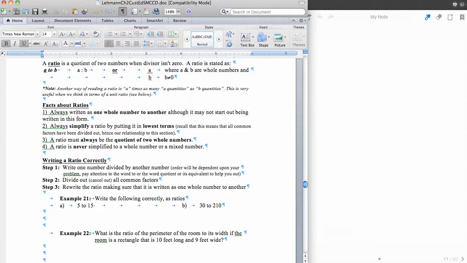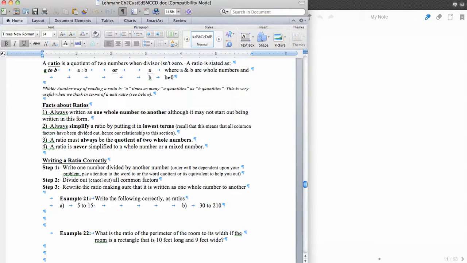Ratios, number one, are always written as a whole number to another number, although it may not start out in that form. We always need to simplify a ratio and put it in its lowest terms. We know what that means from fractions. And a fraction must always be the quotient of two whole numbers. The ratio is never simplified to a whole number or to a mixed number.